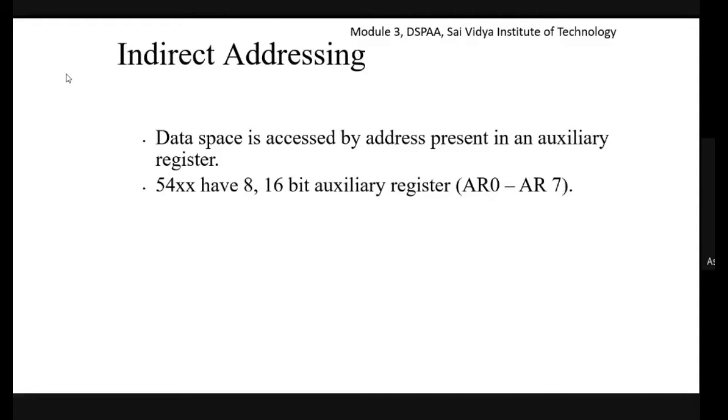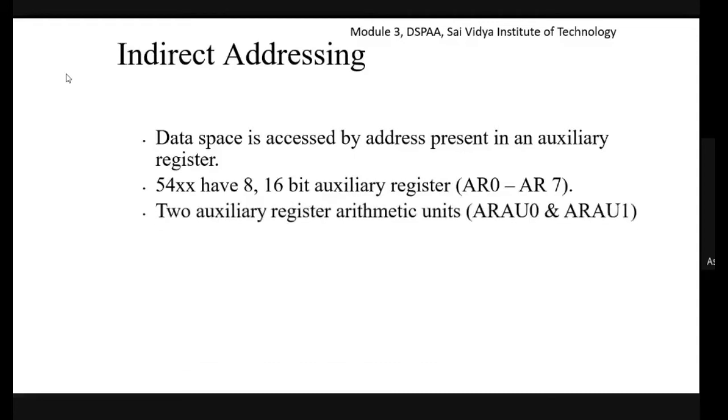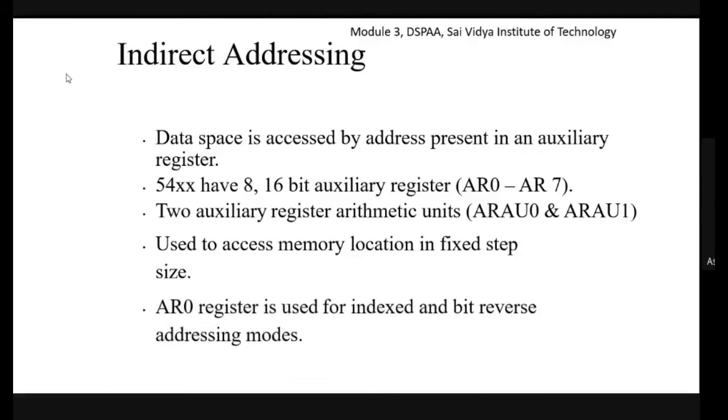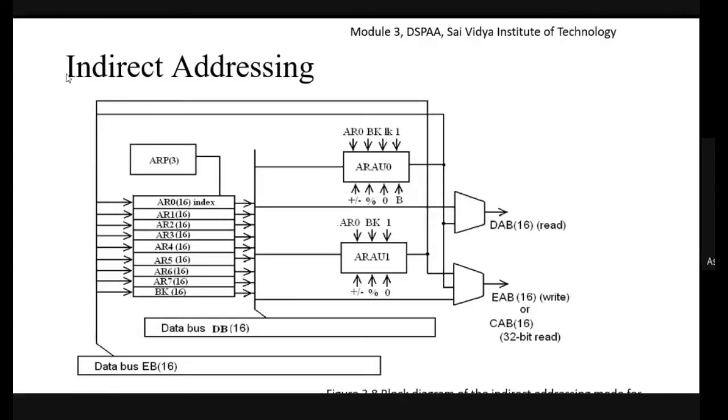These are memory-mapped registers present in the internal memory of the DSP processor. We have two auxiliary register arithmetic units, ARAU0 and ARAU1, used to access memory locations in fixed step size. AR0 is used for indexed addressing, and also for the bit-reversed addressing mode.